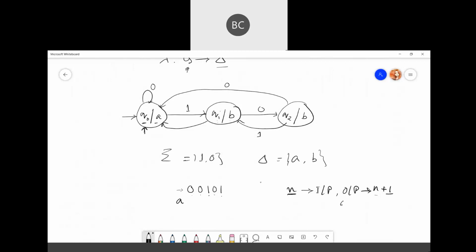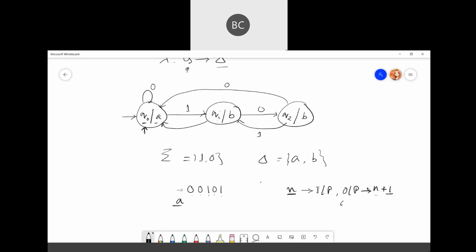Even if you are not making any transition, you are simply at the initial state, there is still an output associated with this initial state. Therefore, this extra 1 is there. So this A is extra only for the initial state.